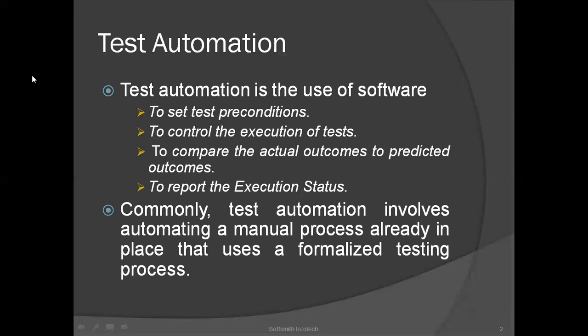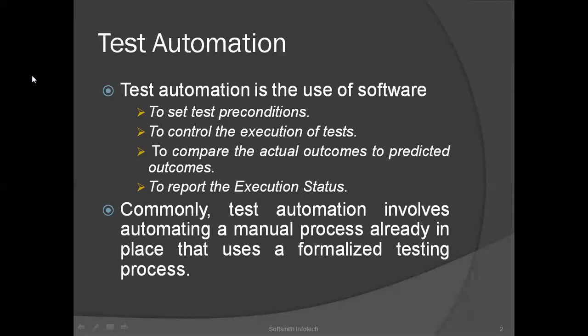We can run them overnight. In the very next morning when we come, our execution status will be there, and we don't have to waste a full day for that. Overnight it will be running, and you can get the result the next morning. This is the advantage of test automation.